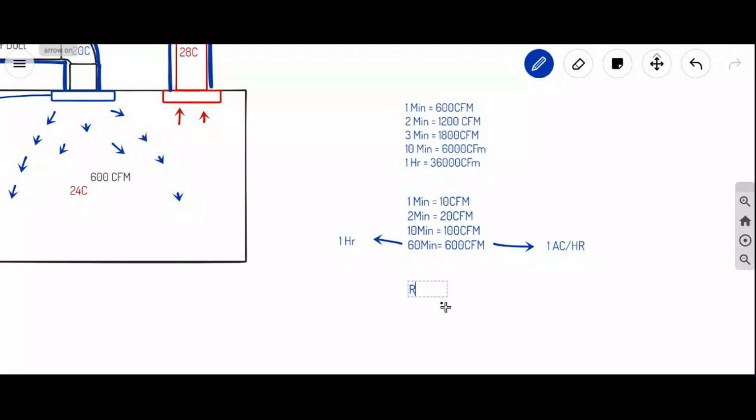So for residential application, we go with 1 air change per hour. For commercial, like bars, pubs, we go with 3 air changes per hour.